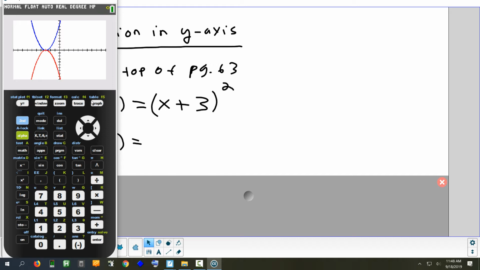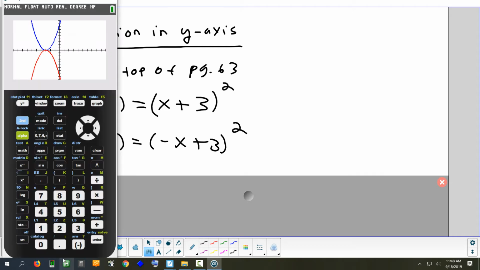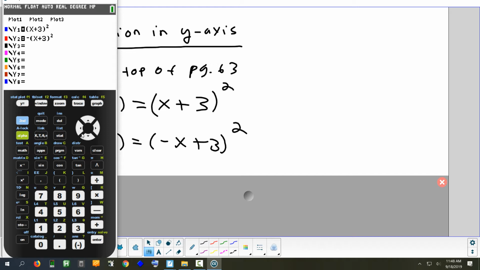Let's look at what happens if we throw the negative inside. So in other words, plug negative x into the function. So you have this. Anyone have a guess what's going to happen when I type this in? Negative x plus 3 squared. Yep. It's going to reflect over, well, reflected over the x-axis yesterday.